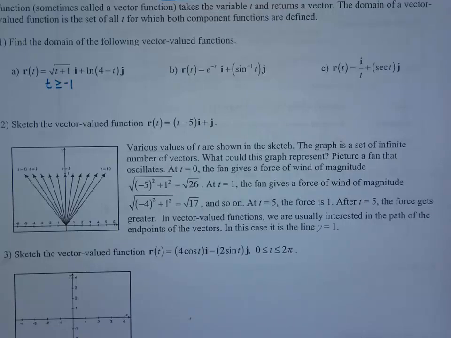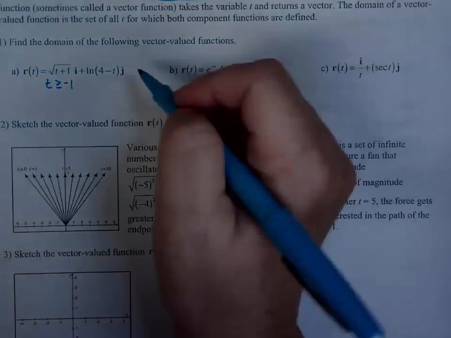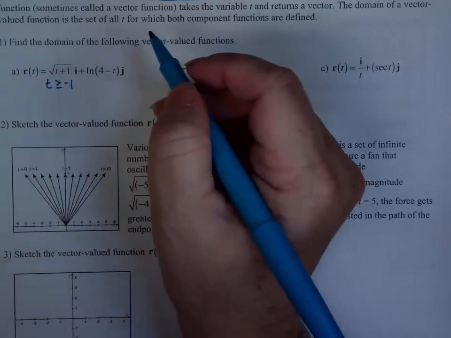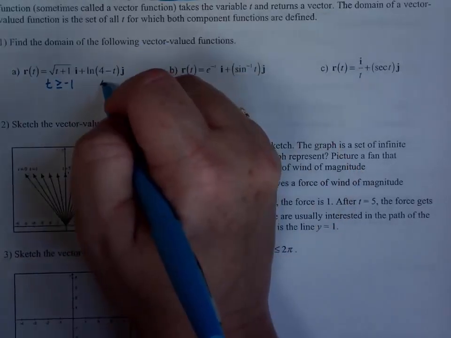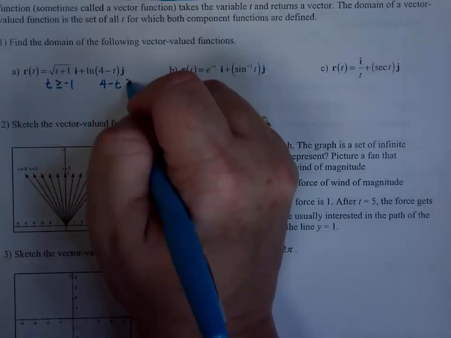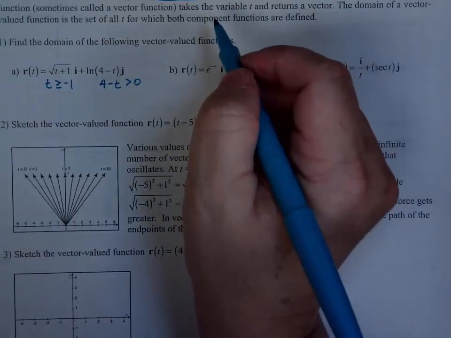Okay? Now, ln's. What kind of numbers can you not take the natural log of? 0 and negative numbers. You can't have the ln of 0, you can't have ln of negatives. So, I'm going to do this in terms of a mathematical problem. What's inside here has to be greater than 0. Does that make sense?